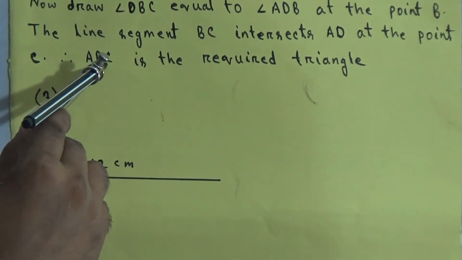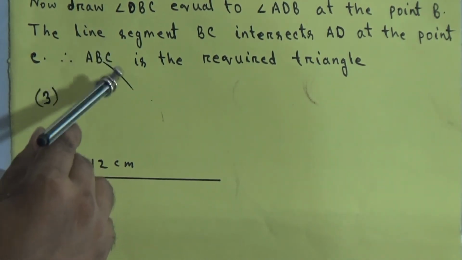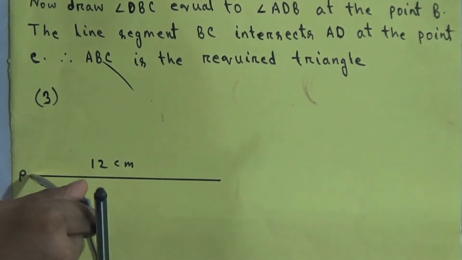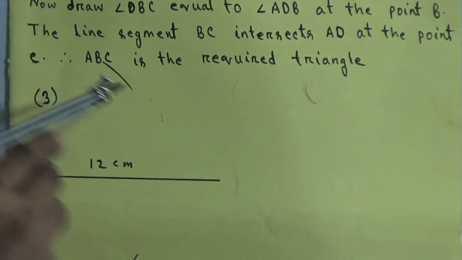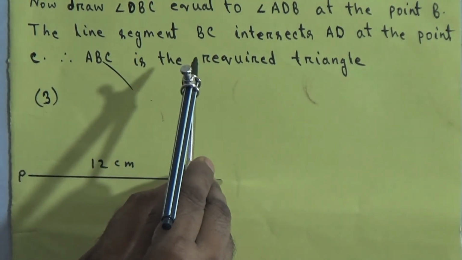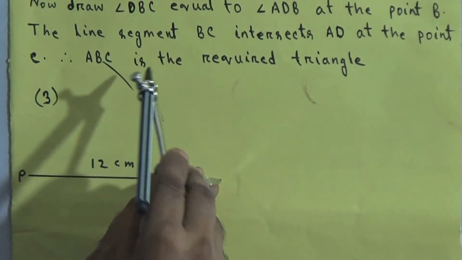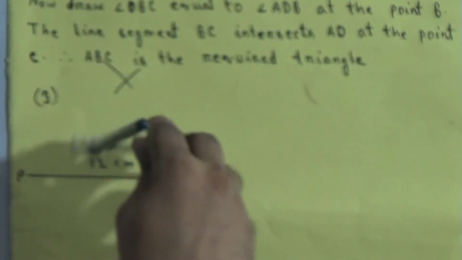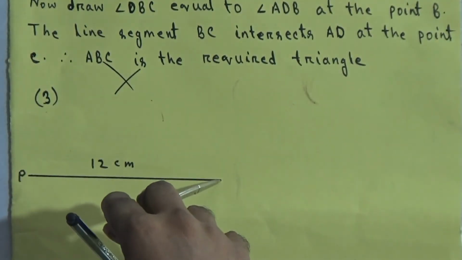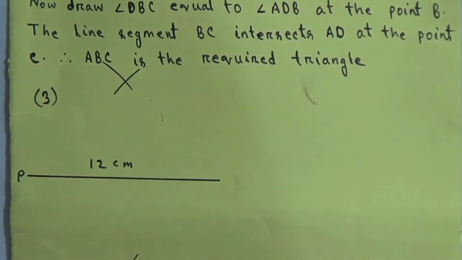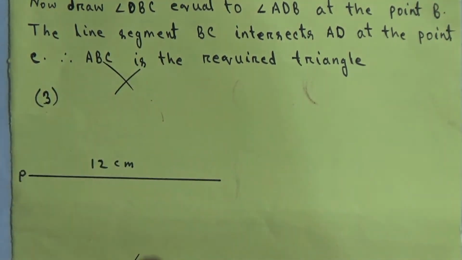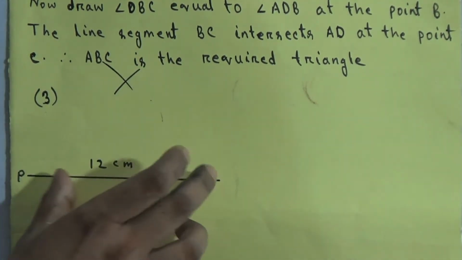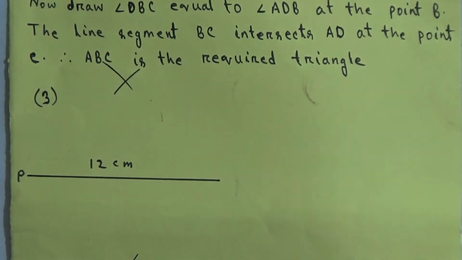We will draw 2 arcs, one arc in the upper side and another arc in the lower side. Now centering this point again we will draw another 2 arcs, one in the upper side and another in the lower side. If we join these 2 points, then we can get the midpoint of this line segment.